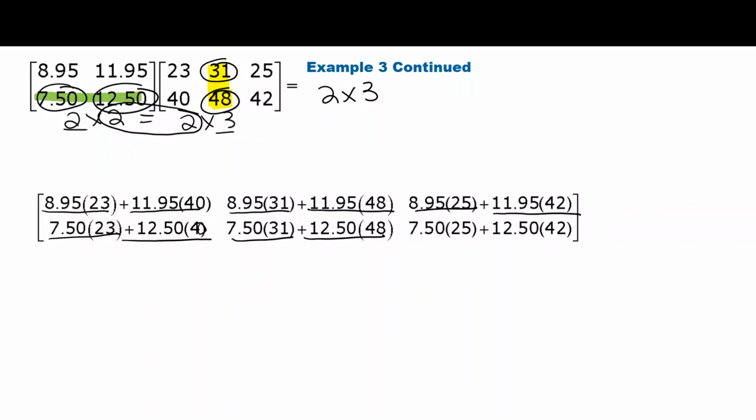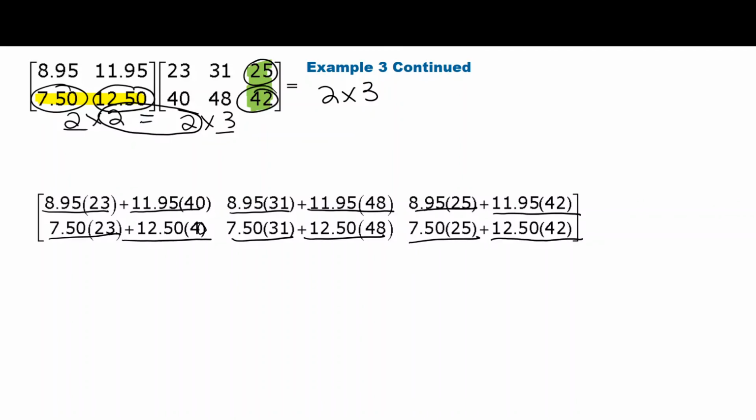All right, and now we'll do our final one. Remember, the first matrix has rows, and the second matrix is our column. And then we multiply 750 times 25 plus 1250 times 42.